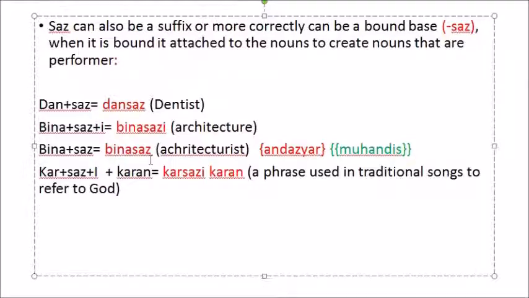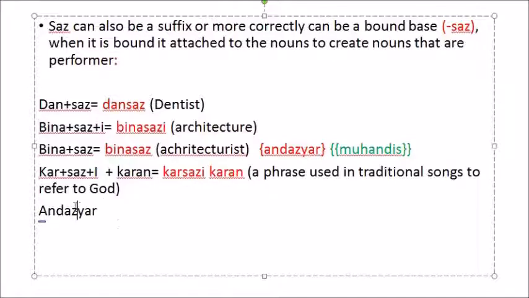But if we say engineer or architect, there is another common word. We say andazyar. If you remember from our last lessons when we talked about andaza, or geometry, andazyar means engineer or architect.